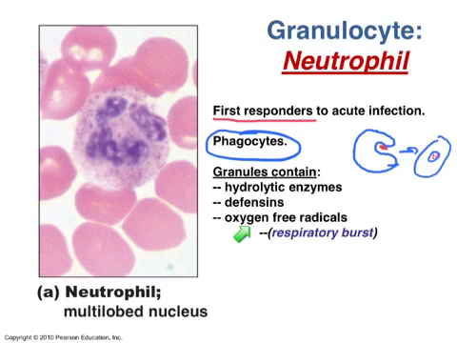And it's thought that these oxygen-free radicals are responsible for what's called the respiratory burst. The respiratory burst is this spike in oxygen consumption that happens when neutrophils phagocytose a microbe. And it's still not super clear how the respiratory burst damages pathogens, but it's thought that it's just through the creation of these oxygen-free radicals.